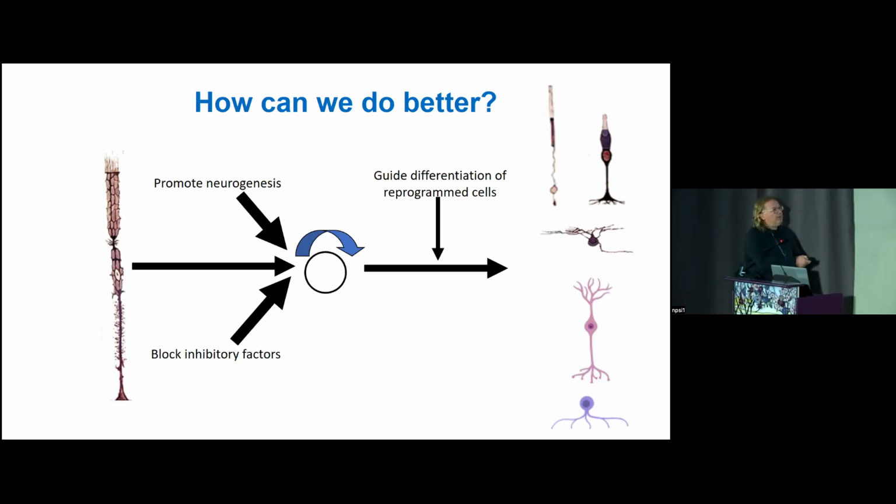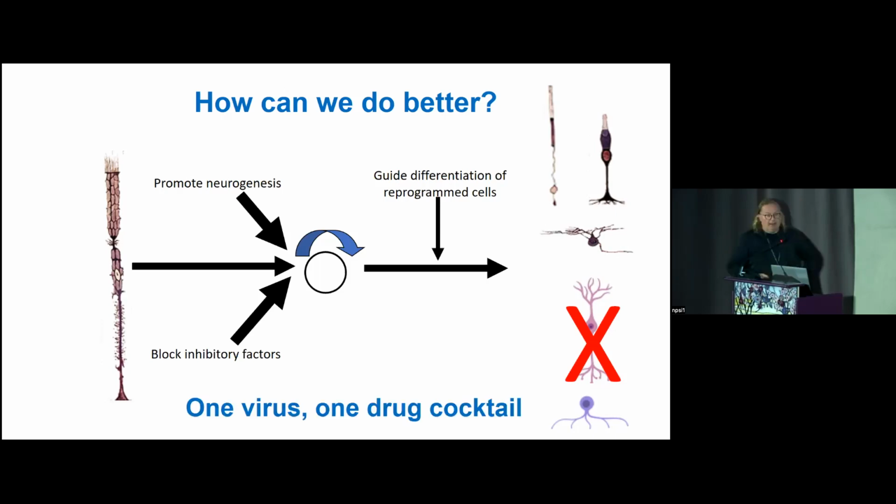So we've been focusing on methods to both enhance neurogenesis and to further inhibit these inhibitory factors, and thereby promote the formation of the cell types we want. Ultimately, we want to do this in wild-type animals, with one virus and one cocktail of small molecules. That's the dream.